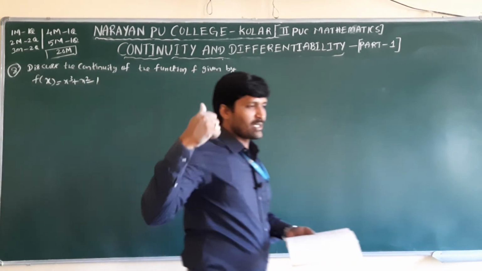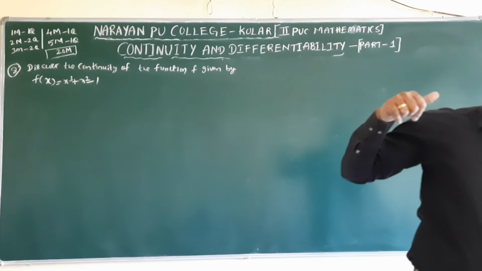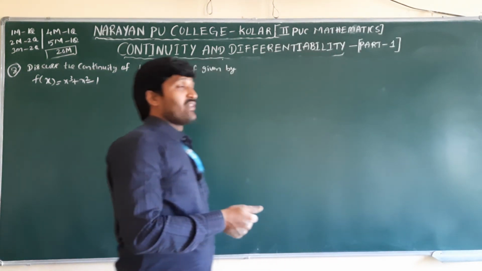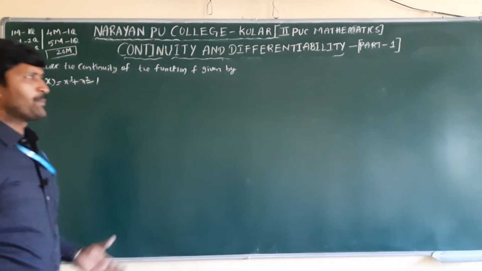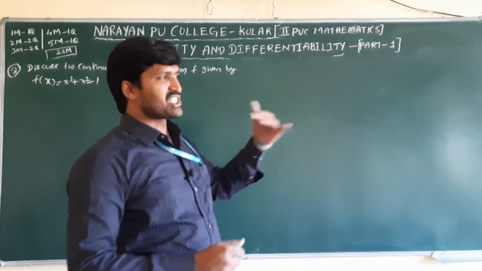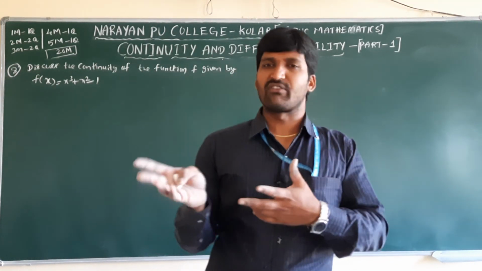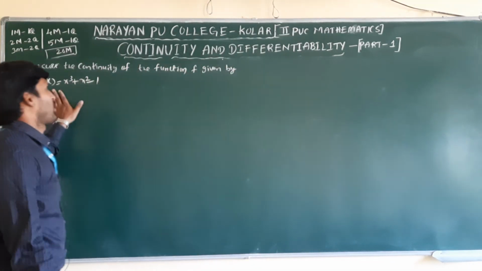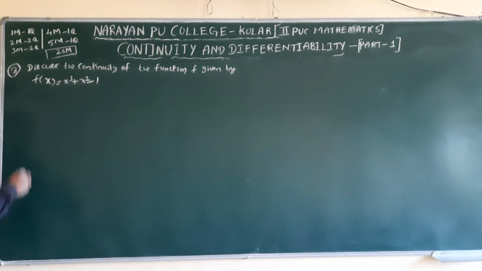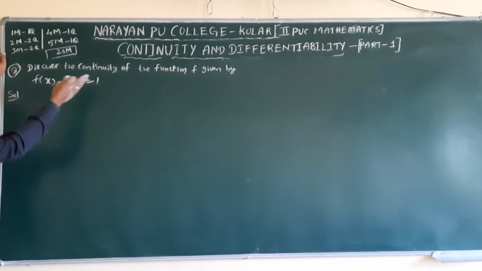Here this function is a polynomial function. When it is a polynomial function, there is no issue. In the previous question we had conditions less than, greater than, where the function can be defined in two ways. But a polynomial's nature is fixed, no changes. That's why here there is no need to check the left side or right side. Directly it is continuous.